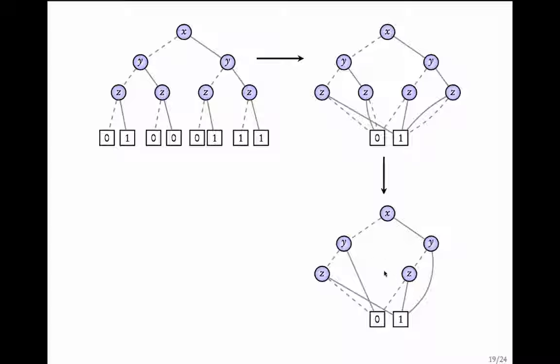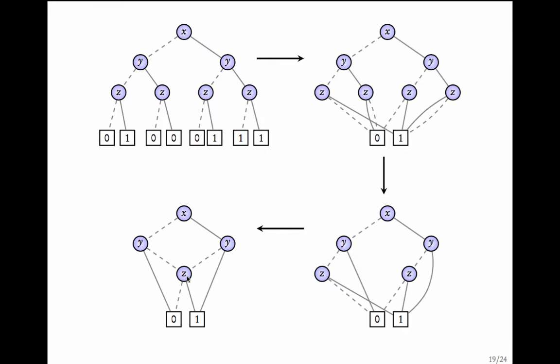Instead, we can just keep one representation for this particular tree. And what do we get? We get one representation here and y's dashed edge goes to this z. Similarly, this y's dashed edge goes here and the rest are the same.